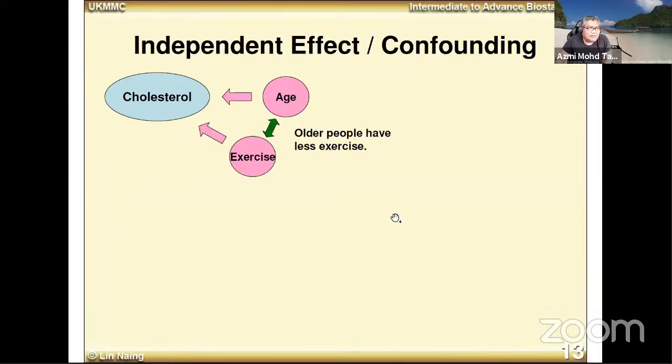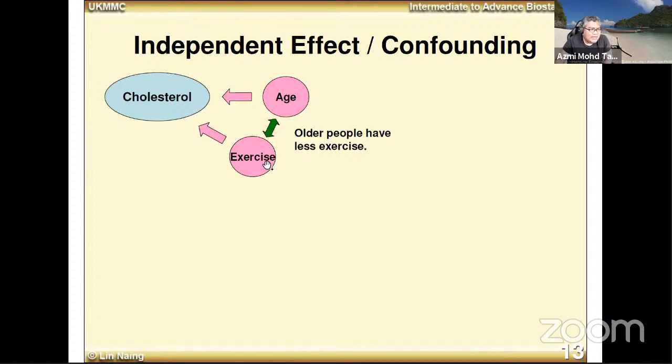For example, we are talking about the effect of age and cholesterol. But we have to take note also, old people exercise less. So there is some interaction here between age and exercise.